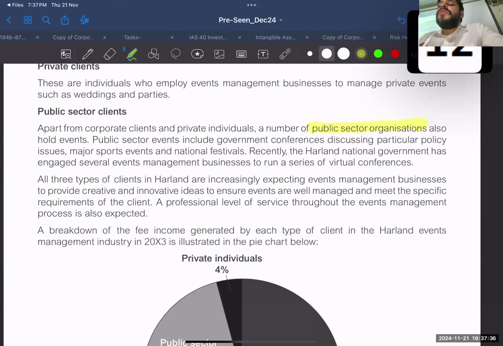Public sector events include government conferences discussing particularly policy issues, major sports events, and national festivals. Recently, the Harlan national government has engaged several event management businesses to run a series of virtual conferences as well. So virtual conferences are increasing in the public sector and in other sectors as well.